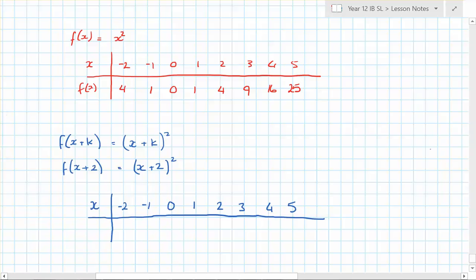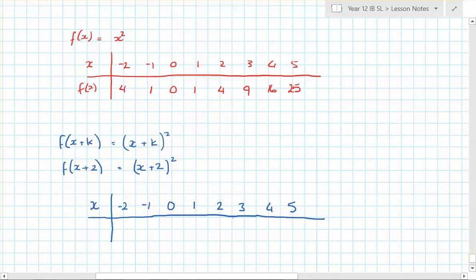Okay, so I'm going to use my x squared table, in the same way that I translate the graph of x squared. So I'm going to use these values to help me figure out those ones, rather than work them out directly.